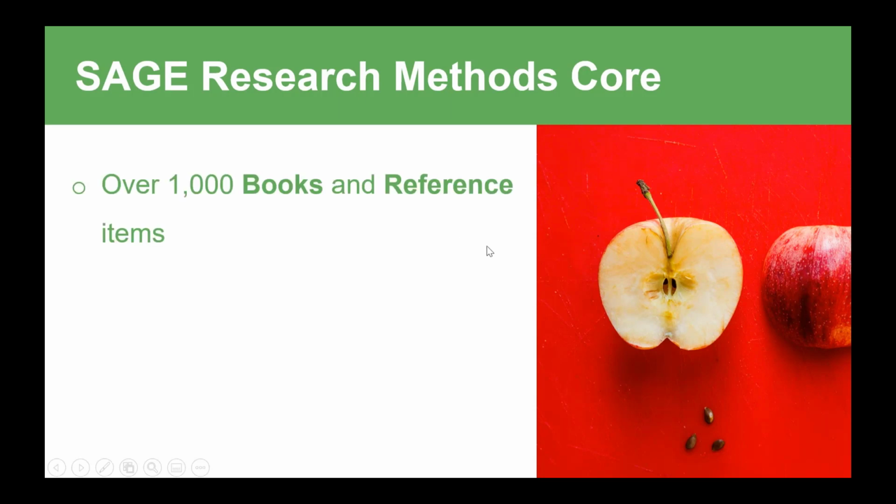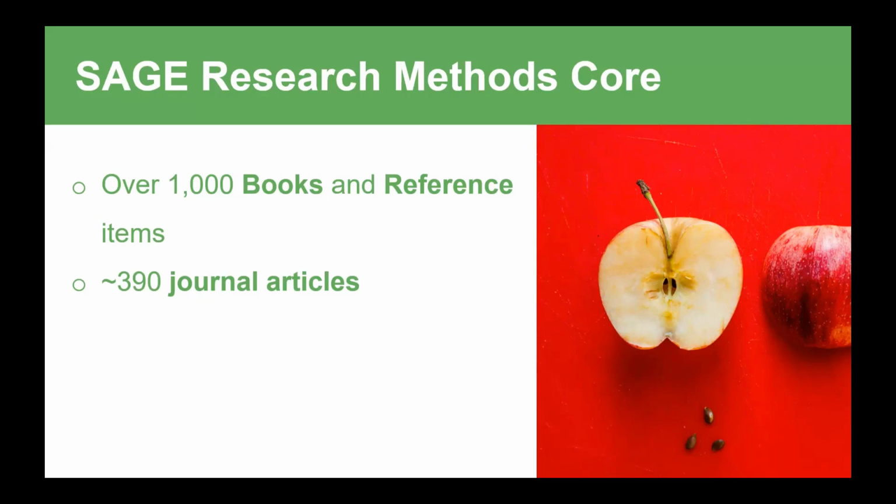Within SAGE Research Methods Core, you have access to over 1,000 books and reference items, which we class as dictionaries and encyclopedias. So really helpful if you want basic definitions about certain concepts or steps or elements of doing a research project. You also have around 400 journal articles.